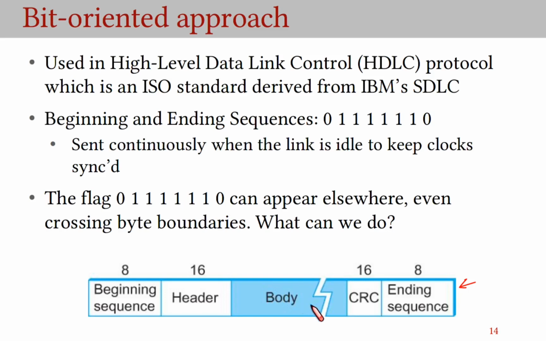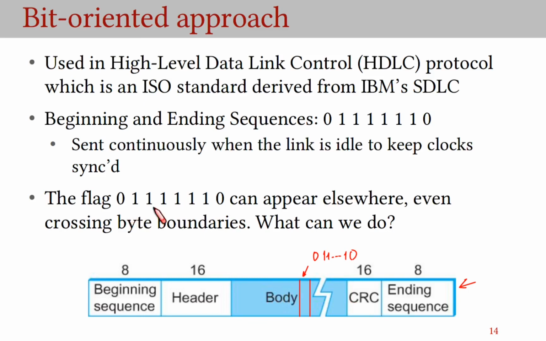Here again we have this problem that this sentinel character can appear anywhere inside the body, right? So this could be the 0 followed by 6 ones followed by 0. And so what can we do? Now note that we are not using byte-oriented approach, but we are using bit-oriented approach, in which the protocol sees this body as a sequence of bits.